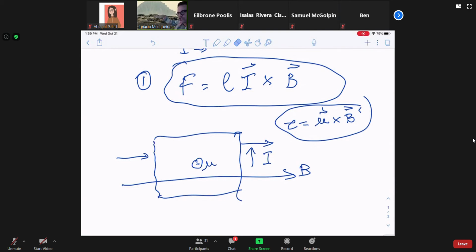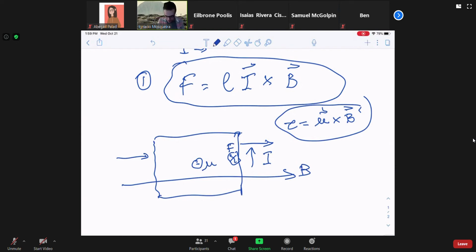So if I draw a force in a drawing like this, that would be a cross. That's the force. The I is going up, the B field is going to the right, I'm using the right-hand rule, so my thumb points into the computer screen on that side.